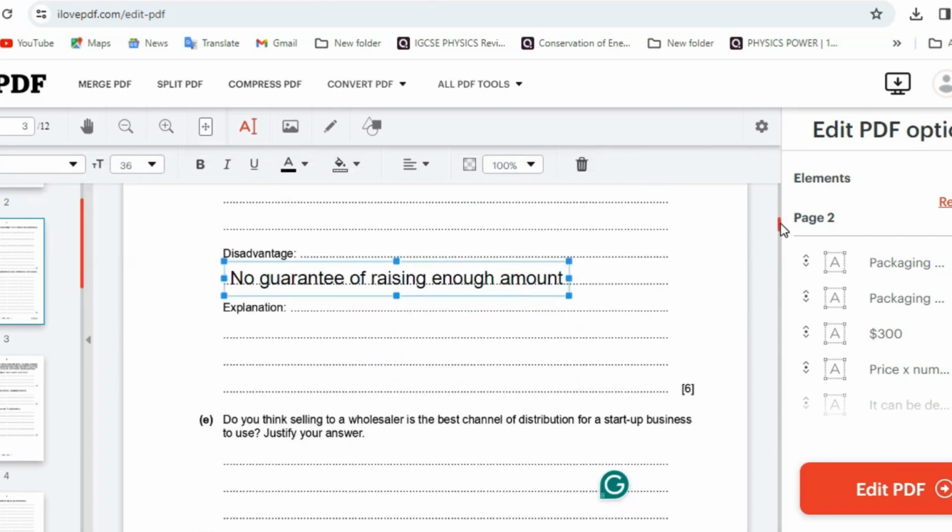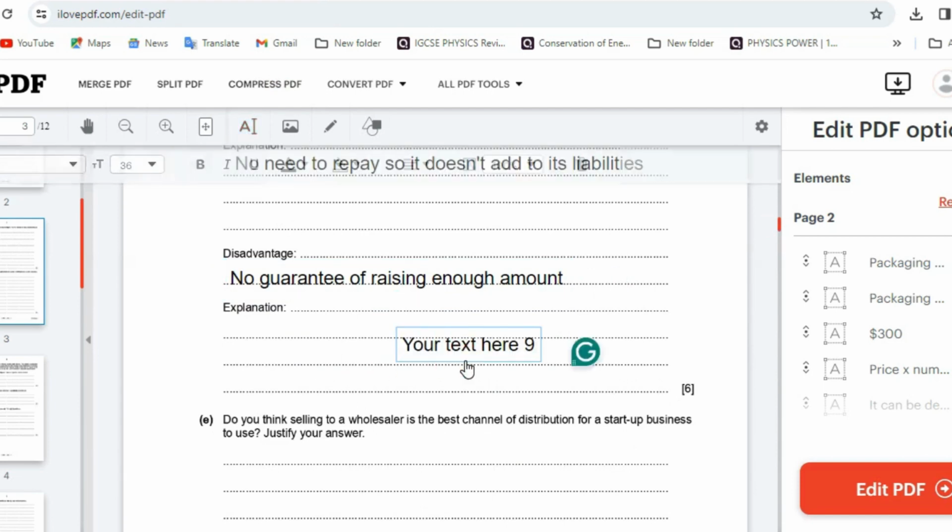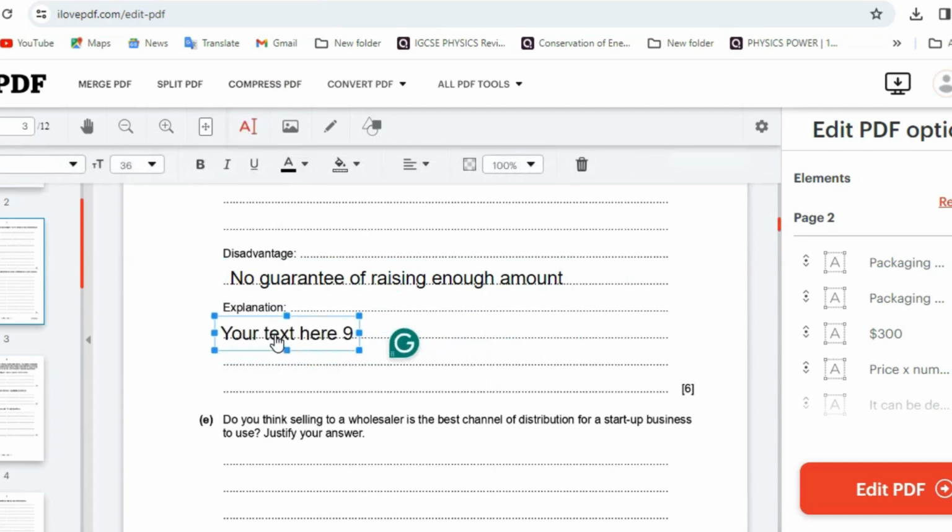Okay, let's try and put our explanation also before we move to the next question. It may not raise enough or sufficient fund.